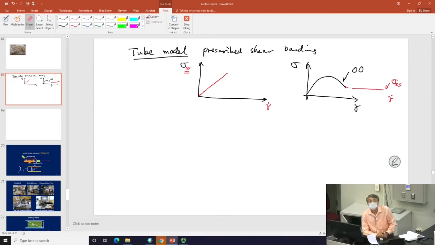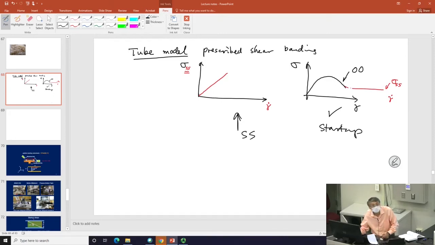So I tried my best to confuse you. I'm kidding. This is a transient description of what's happening, involving startup shear. This is a plotted steady state. I'm saying your steady state stress is changing linearly with shear rate. What is that behavior? Let me remind you.